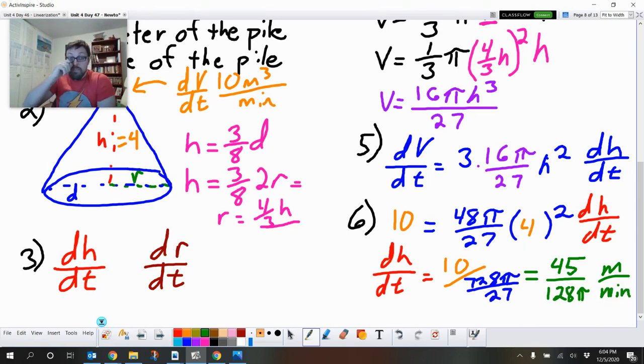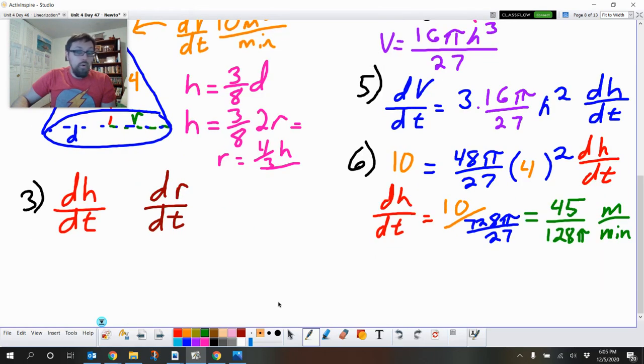Yep, and I do want to make sure that it is meters per minute because height is a length and it's not going to be meters squared like we had in the last one. Ooh, but my answer is expected to be in centimeters per minute. If you look at the problem, it says, give your answers in centimeters per minute. So we want to convert that into centimeters per minute by multiplying by 100.